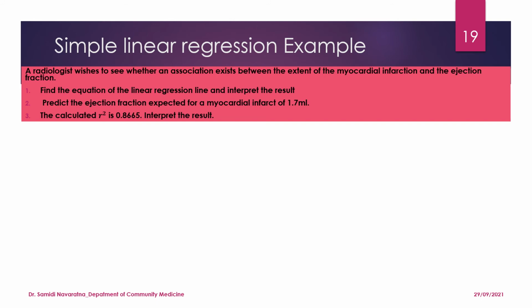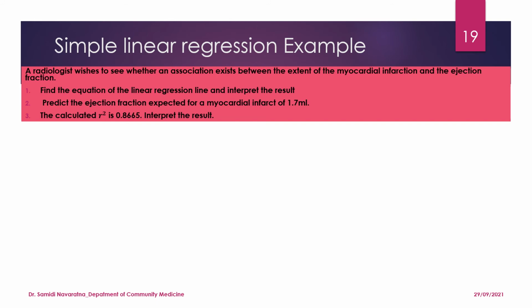Predict the ejection fraction expected for a myocardial infarct of 1.7 milliliters. The calculated R square, that is the coefficient of determination, is 0.8665. Interpret the result.